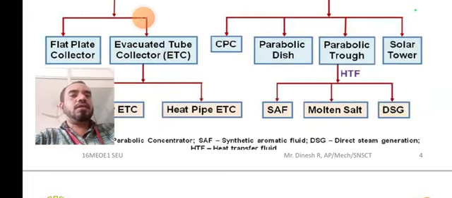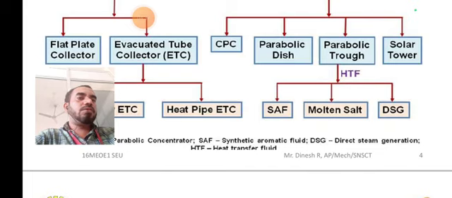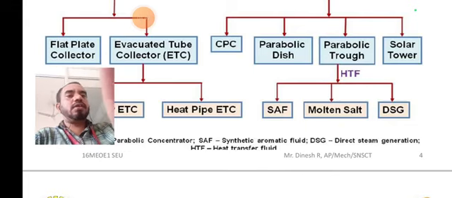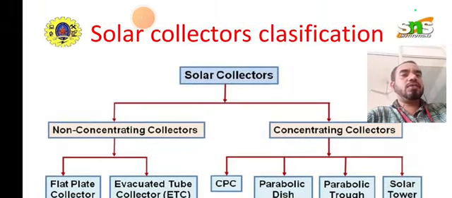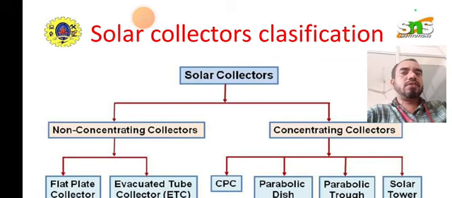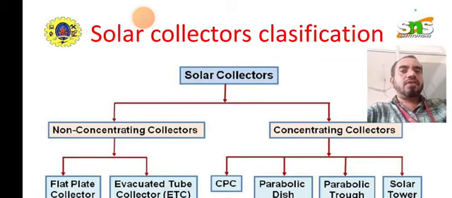The parabolic trough is also classified into SAF, molten salt, or DST. These are the different types, that is, the classification of solar collectors. Mainly, we have to keep in mind that concentrating collectors have more efficiency when compared with non-concentrating collectors.